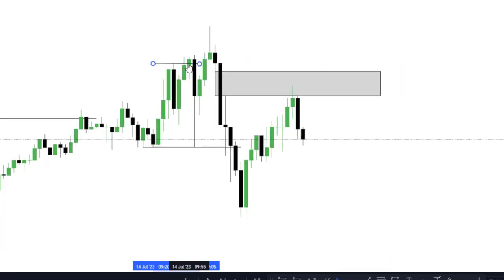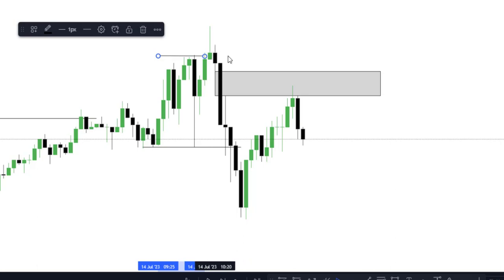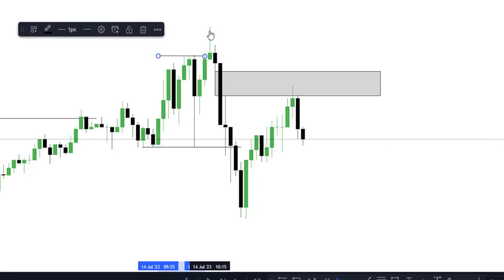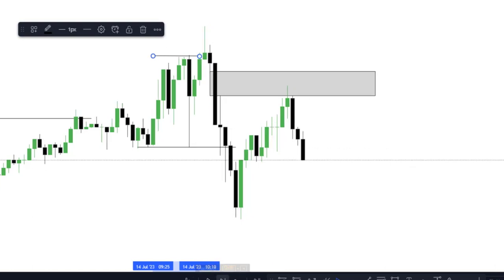Another thing to validate our trade is, like I said before, we need a stop raid before we can start looking for a change in structure or market structure shift. So as you can see, there was a stop raid here before we had the displacement to the downside.